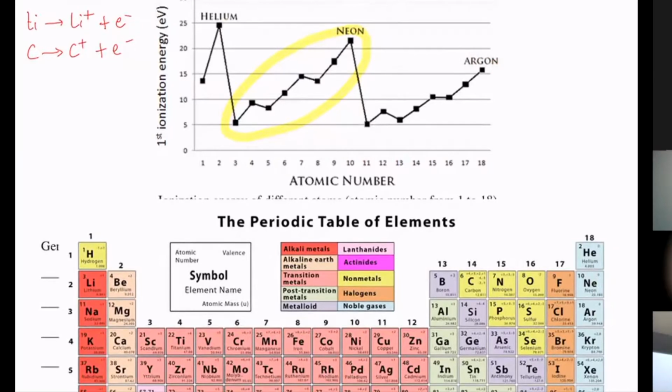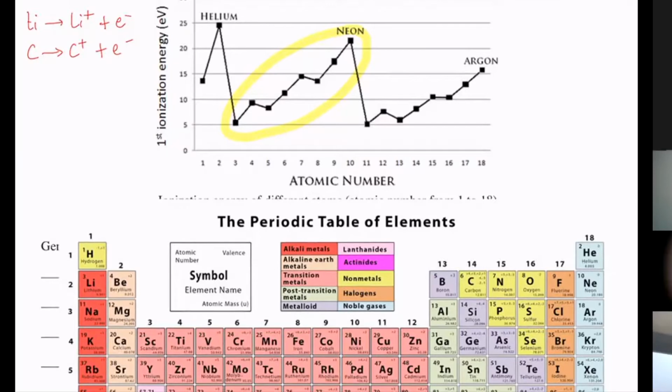We could also look at group one, hydrogen, though normally we don't consider it, then lithium, sodium, and group two, beryllium and magnesium. What is the general trend for first ionization energy down the group?